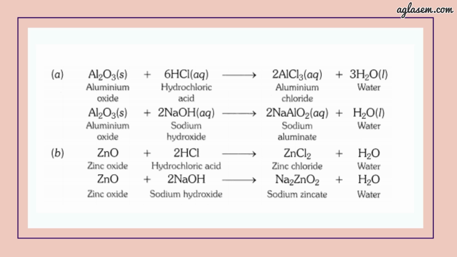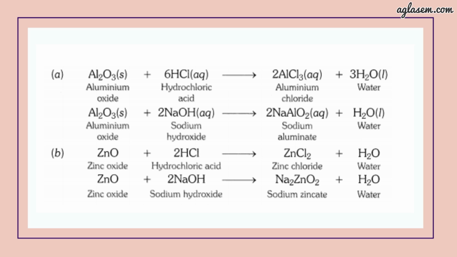Further, the equation will be Al2O3 plus 6HCl will give you 2AlCl3 plus 3H2O. Further, second is ZnO plus 2HCl will give you ZnCl2 plus H2O.